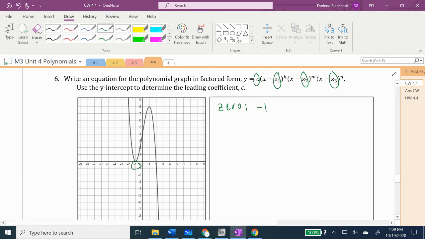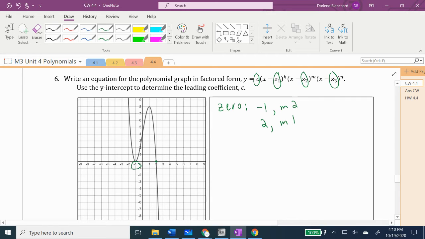Do you see that it bounces off the x-axis? That means that it has a multiplicity of 2, or it could be 4, 6, 8. My other x-intercept that I know is 2, so that's another 0. Because it slices through the x-axis, that has a multiplicity of 1.